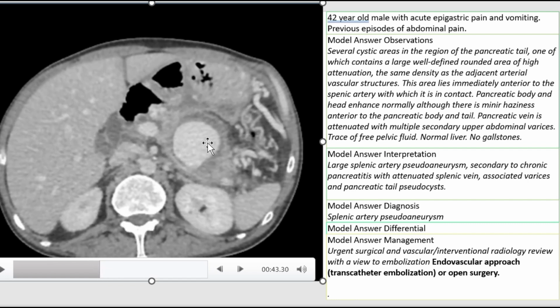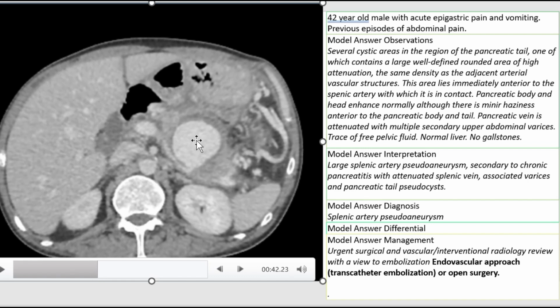The largest cystic lesion contains a well-defined oval-shaped high attenuation, of similar attenuation to the adjacent vascularity.